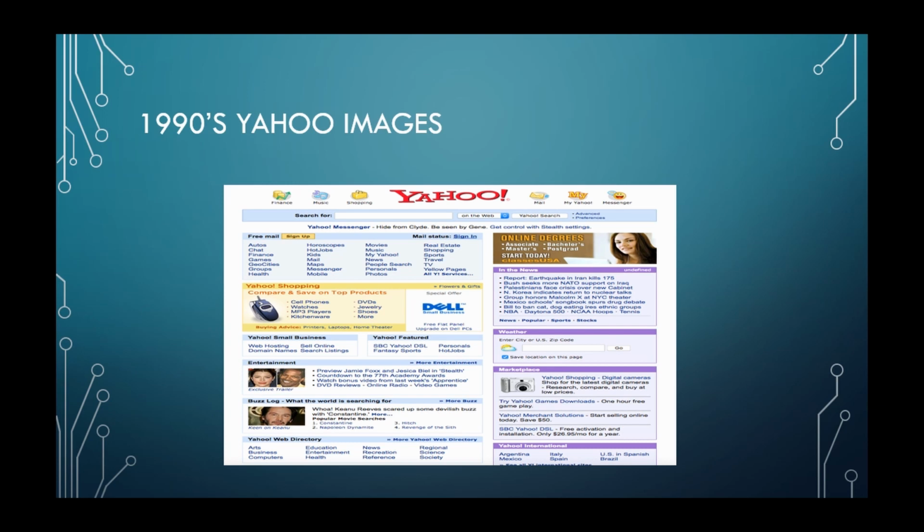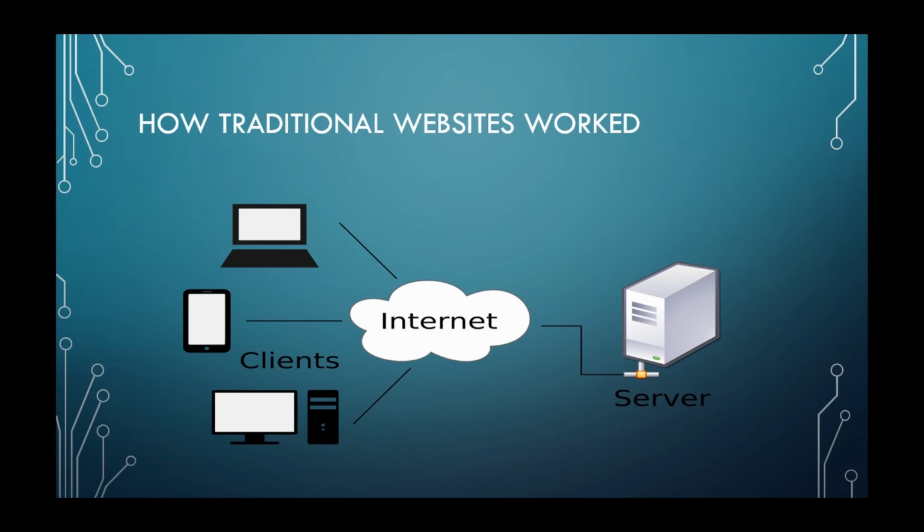Now, this is how these traditional websites actually work. Whenever you try to access any kind of website, you have this client which is nothing but your browser. The way in which traditional websites work is that you type in the name of the website, which is the domain name. And from your client, this request, or the URL, gets sent to the server.